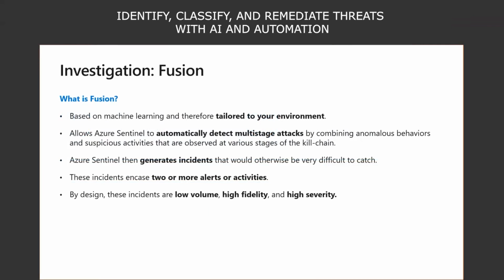On the basis of these discoveries, Sentinel generates incidents that would otherwise be difficult to catch. These incidents comprise two or more alerts or activities. By design, these incidents are low volume, high fidelity, and high severity. Exactly what we need to achieve a greater than 90% true positive rate within our SOC.